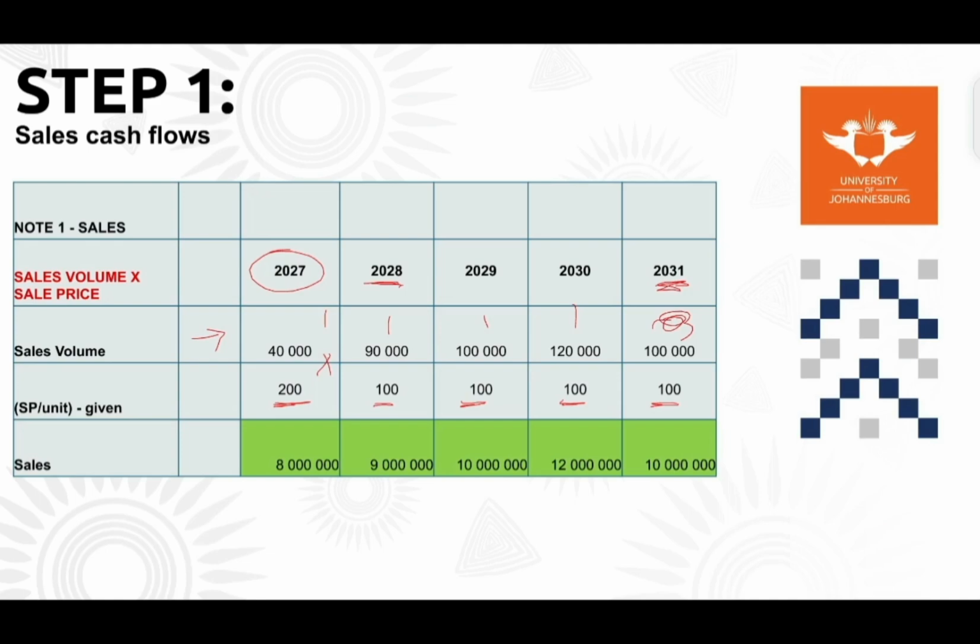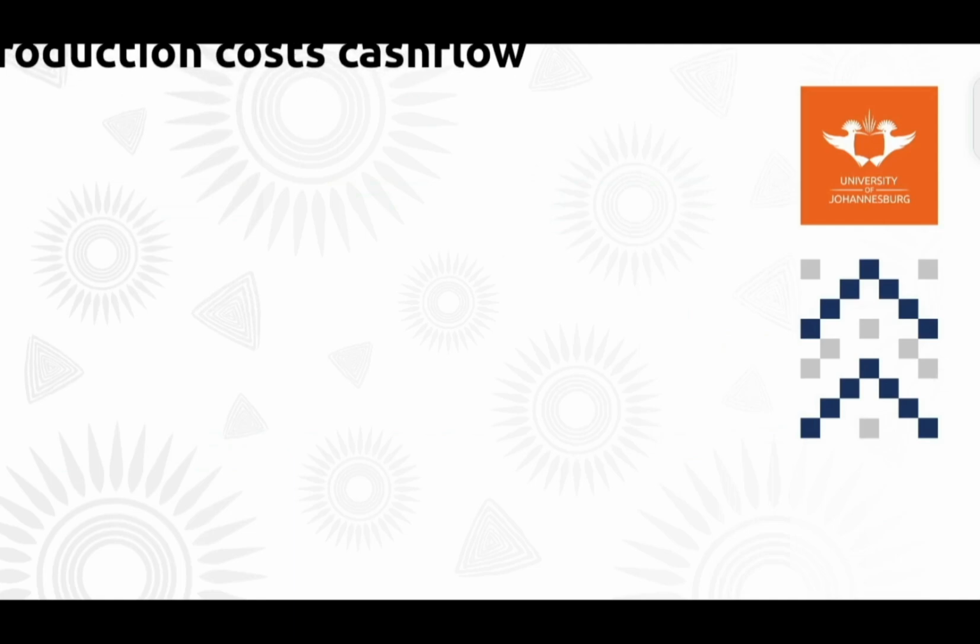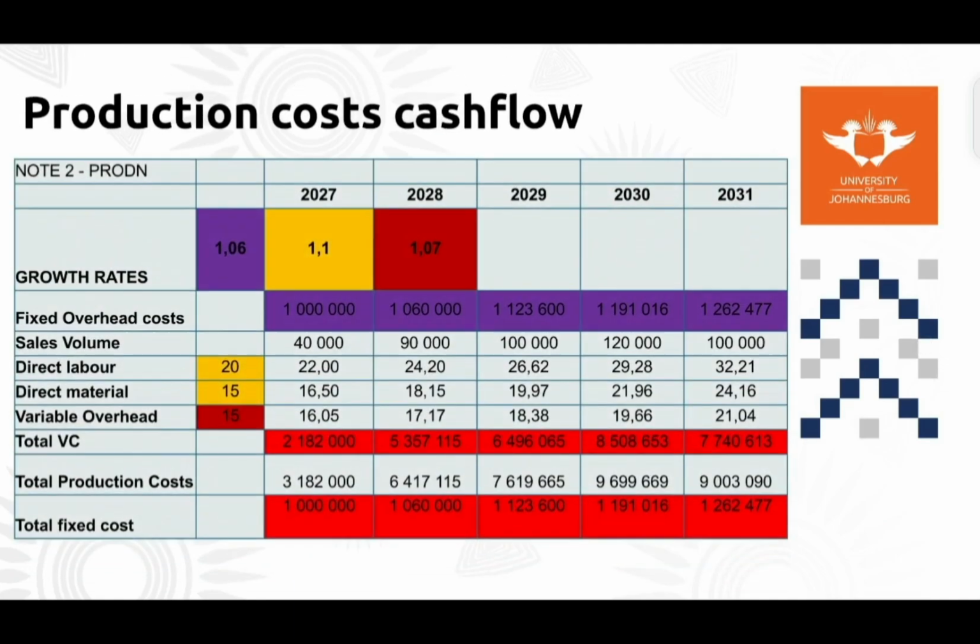I've highlighted it in green to showcase that it is money coming in and not money coming out. I also color coded here so we remember which growth rate belongs where. This growth rate pertains to the 1 million fixed cost we were given.